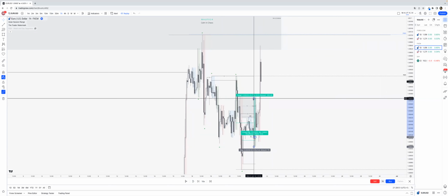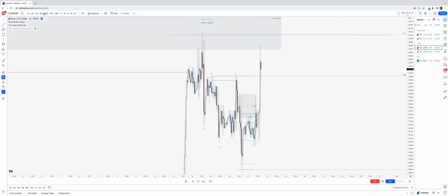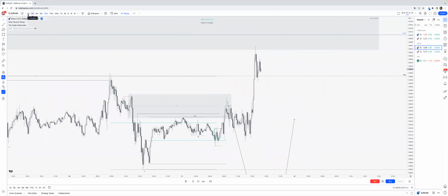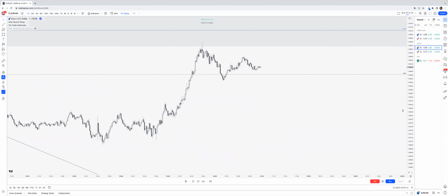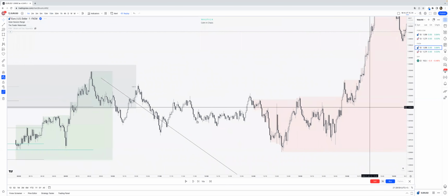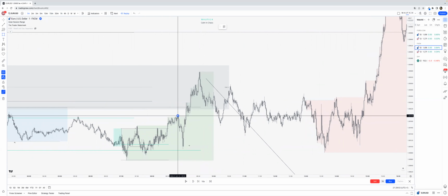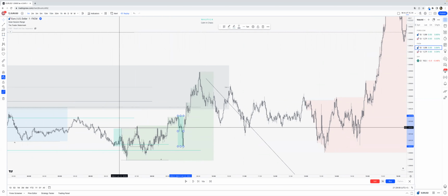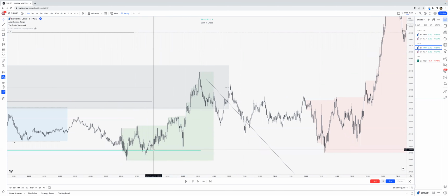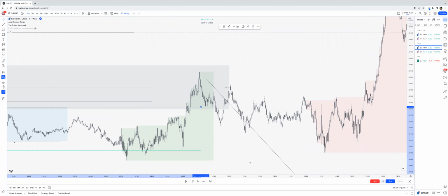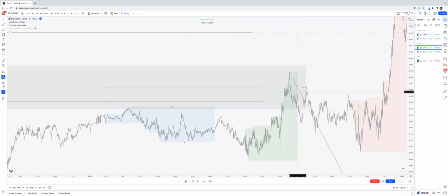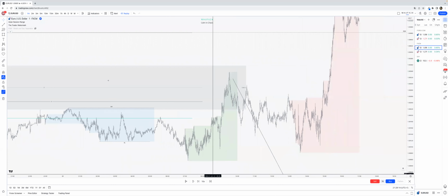Now then, the short area where I was looking to trade from. We can see our early sellers over here. Let's take off all this. Oh, I removed the early sellers.